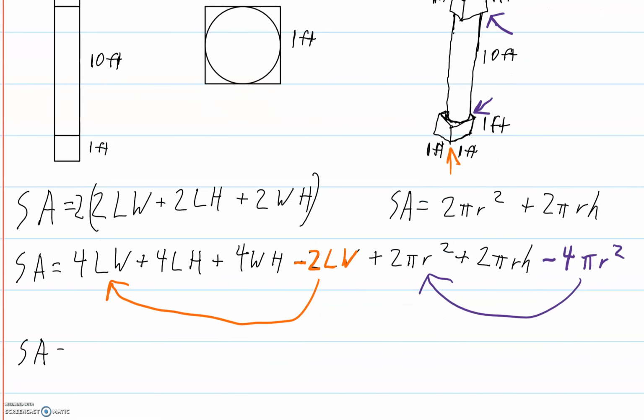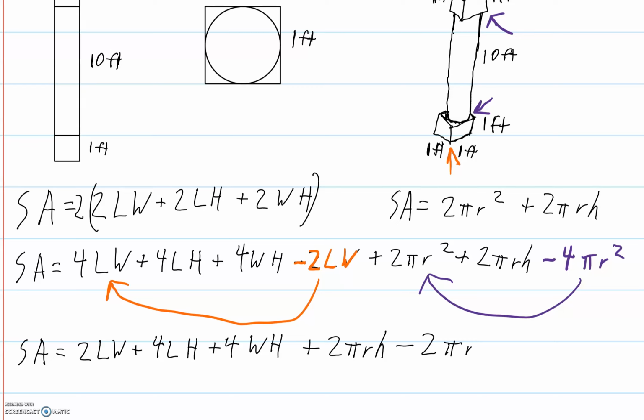Surface area equals 2LW plus 4LH plus 4WH plus 2 pi RH minus, so 2 minus 4 would be minus 2 pi r squared.